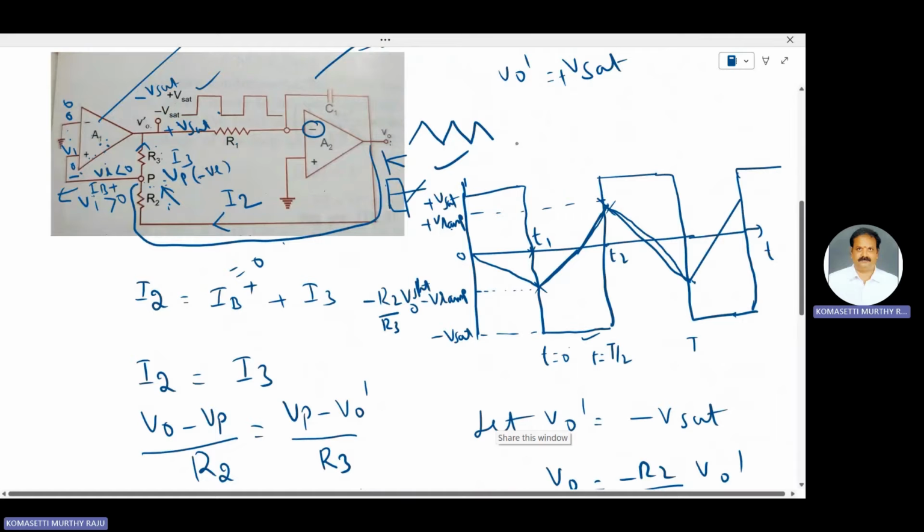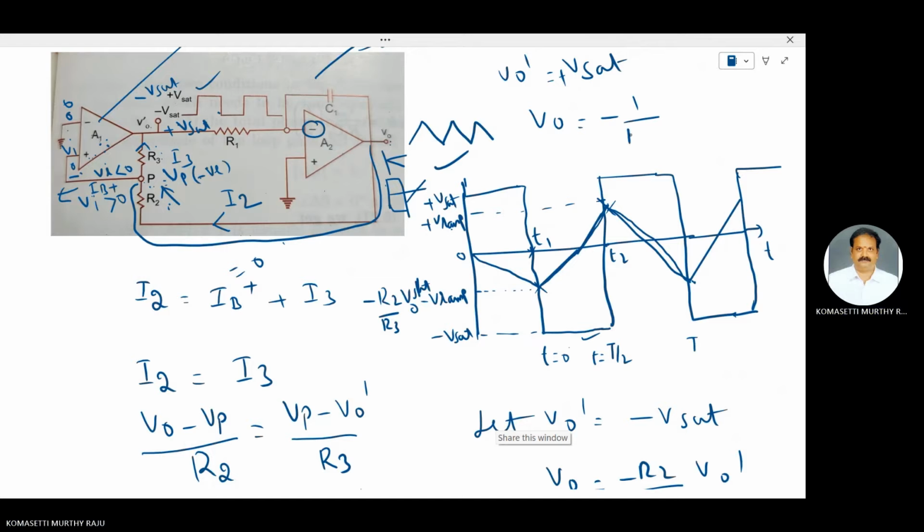This is the ideal integrator circuit. For the ideal integrator circuit, the output is minus 1 by R1 C1 integral 0 to T of Vi of T dt. Here Vi is V0 dash, from T equal to 0 to T equal to T by 2.